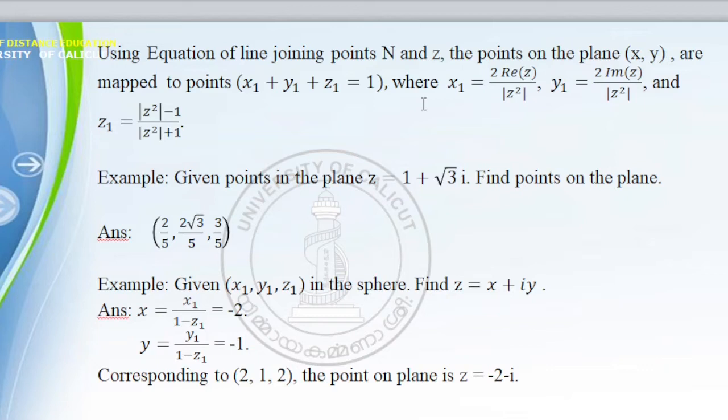And vice versa, given a point on the sphere, that is x1, y1, z1, you have to find the z value, z equal to x plus iy.